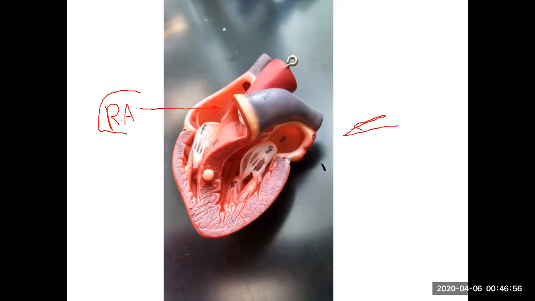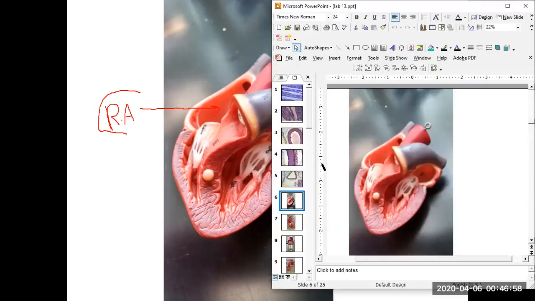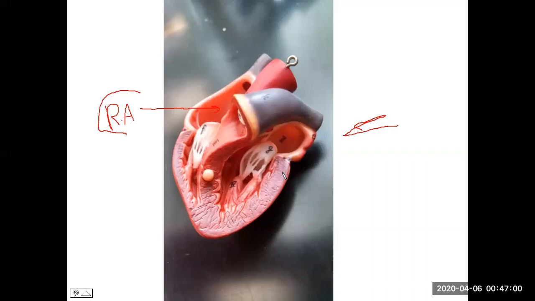And one thing to always look for in terms of right and left is the thick myocardium. So this thick layer myocardium is always going to be the thickest layer, the thickest chamber wall is on the left ventricle. So starting here at the right atrium, and then we see the valve here labeled F on the model's key, the right atrioventricular valve or tricuspid valve.